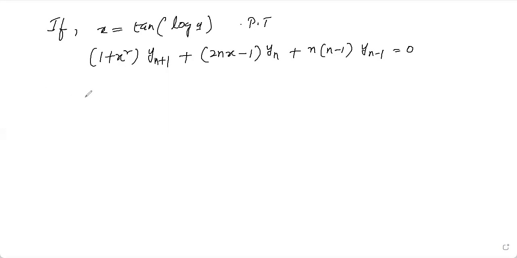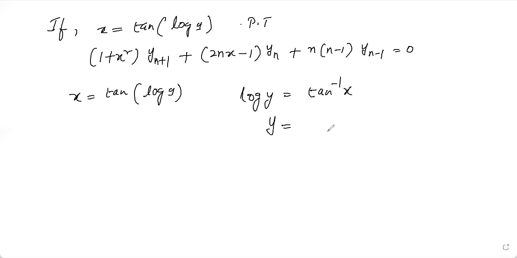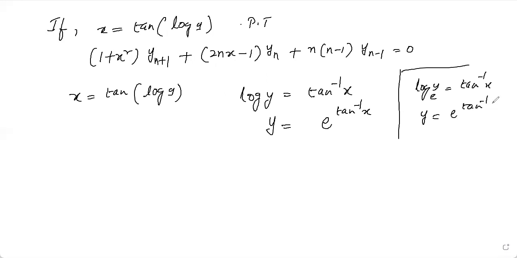Again, by considering x as tan log y, we can write log y is equal to tan inverse x, or y is equal to e to the power of tan inverse x. Since it is log y to the base e, removing the log gives y is equal to e to the power of tan inverse x. That's how we got it.